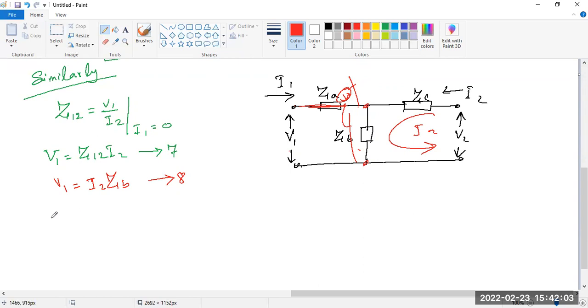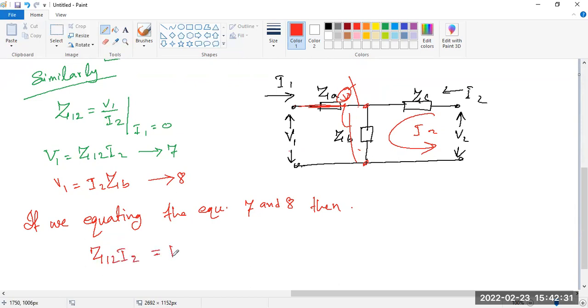So if we nullify these things, I2 and I2, so ZB equal to Z12.